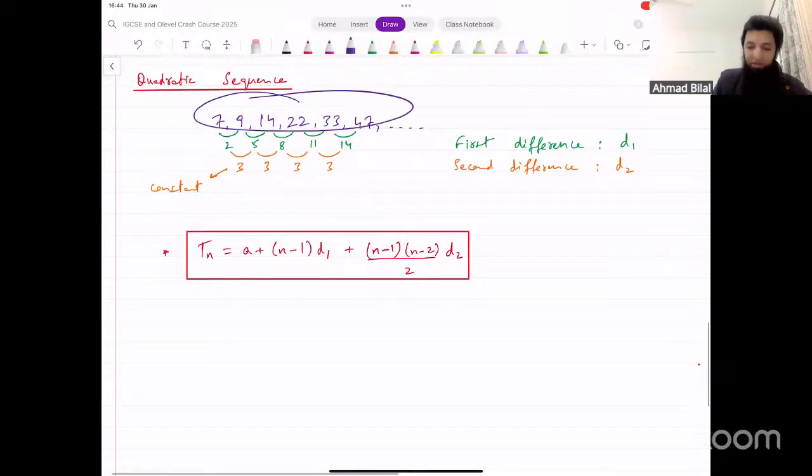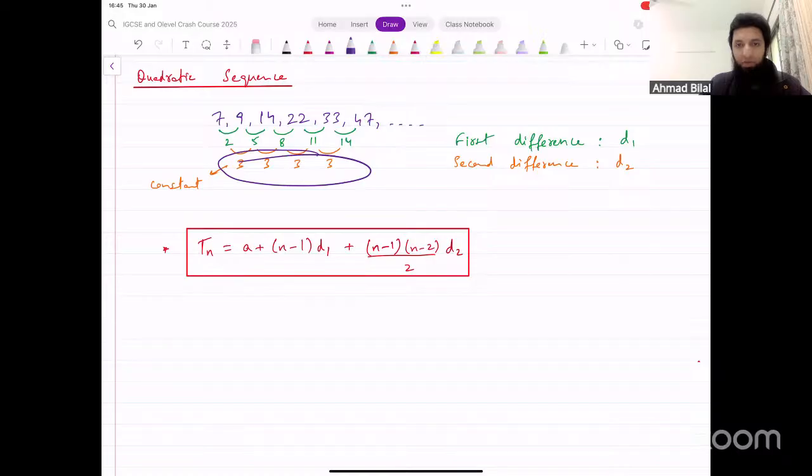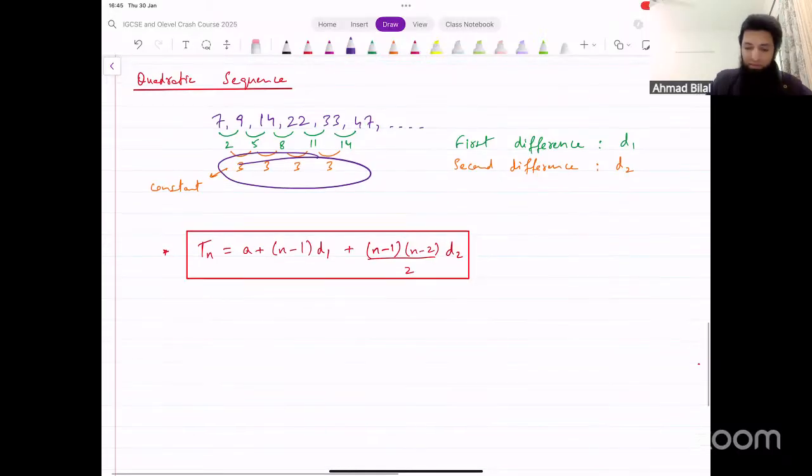Now we can figure this out for this particular sequence. Now, we know the first difference is changing, right? In this case, the first difference is changing. But the second difference, that is constant. That's just 3. Okay. For the first difference, we will just use this first value here.